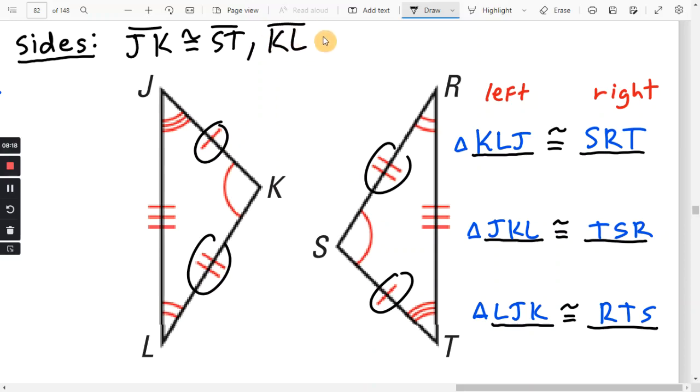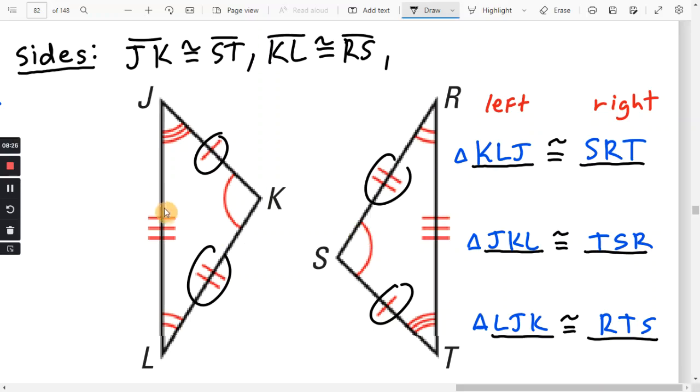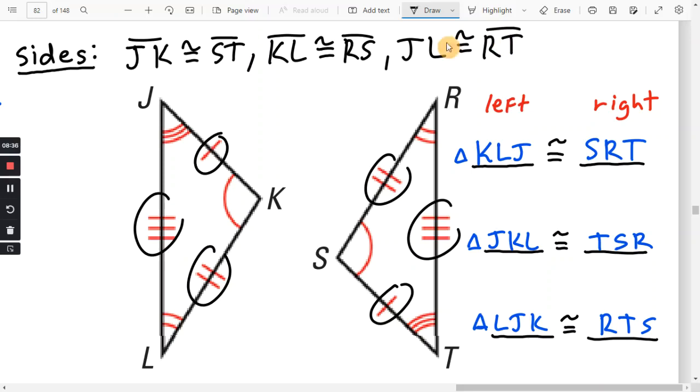So KL is going to match RS. And then finally, the one with 3, right here, that's JL, and right here, that's RT. So JL is going to match RT.